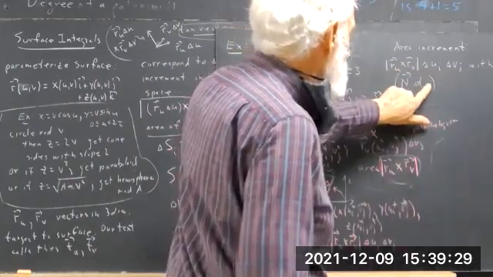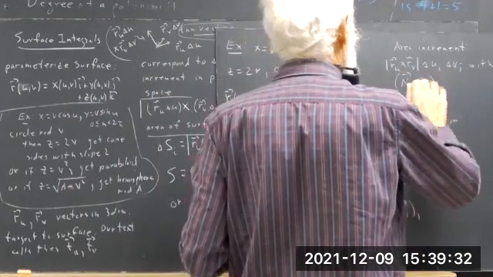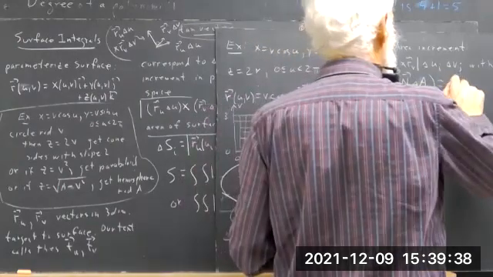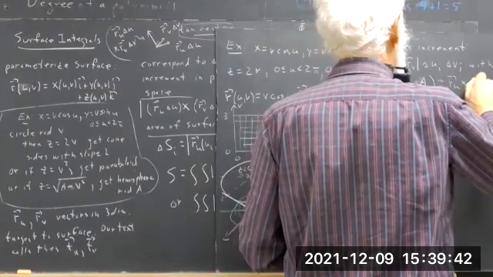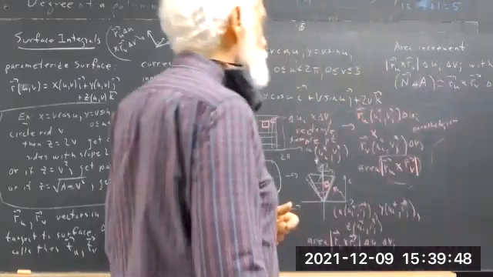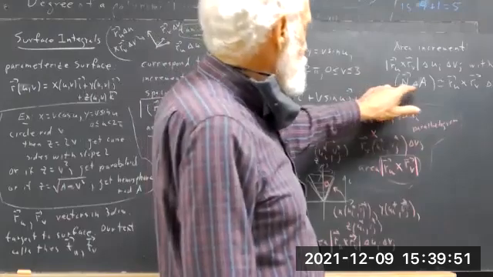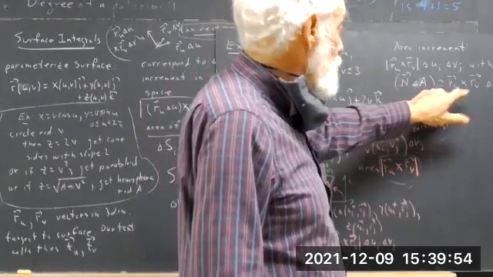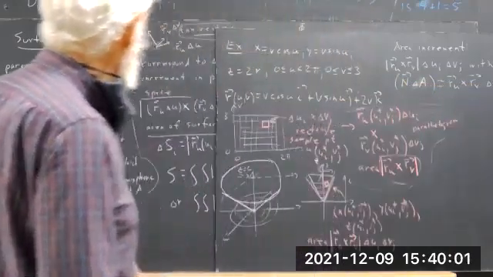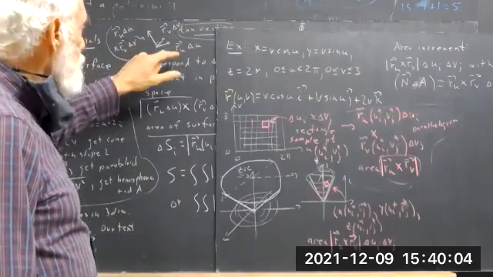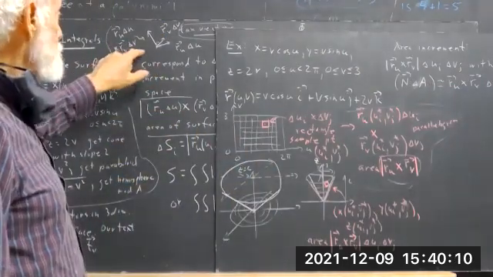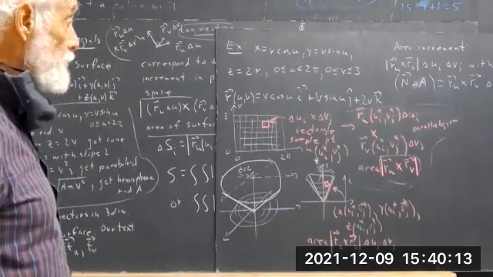With a normal vector times your surface area increment, approximately equal to RU cross RV, delta U, delta V. Okay, the magnitude of this vector is going to be the area, which is the magnitude of RU cross RV, delta U, delta V. And the vector, since RU and RV are tangent to our surface, is going to be RU delta U cross RV delta V.